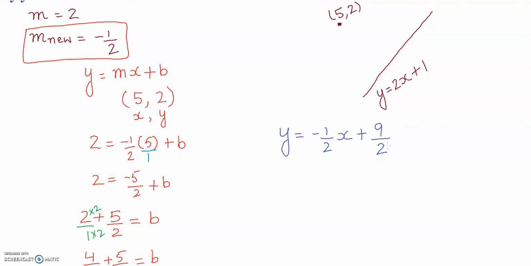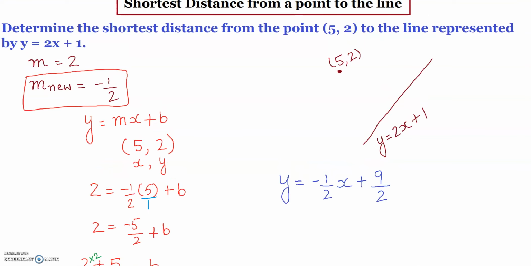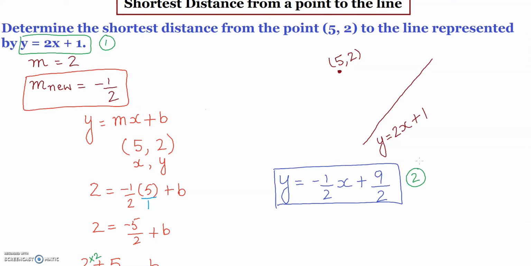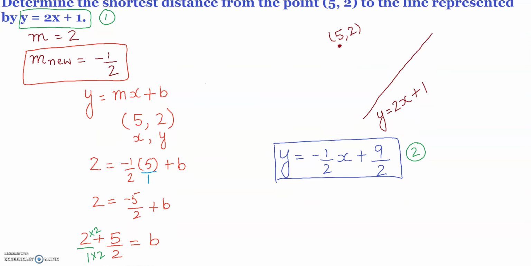Now we're going to use the equation of the new line and the equation of the line which is given in the question, and we're going to find the POI, which is the point of intersection, using either the substitution or elimination method. So we have two equations. I will label them. This is equation number 1. This is equation number 2. I'm going to use the substitution method.